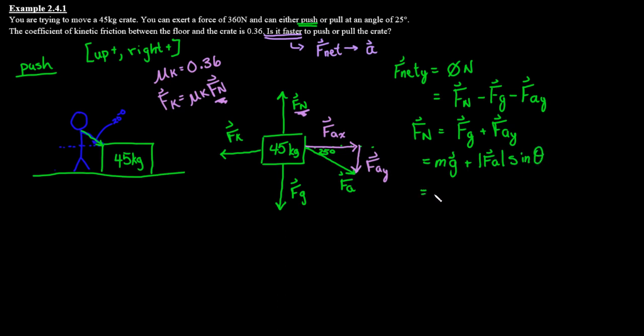Okay, so we get 45 kilograms multiplied by 9.8 meters per second squared, plus our applied force, which was 360 newtons, multiplied by the sine of our angle, which was 25 degrees.